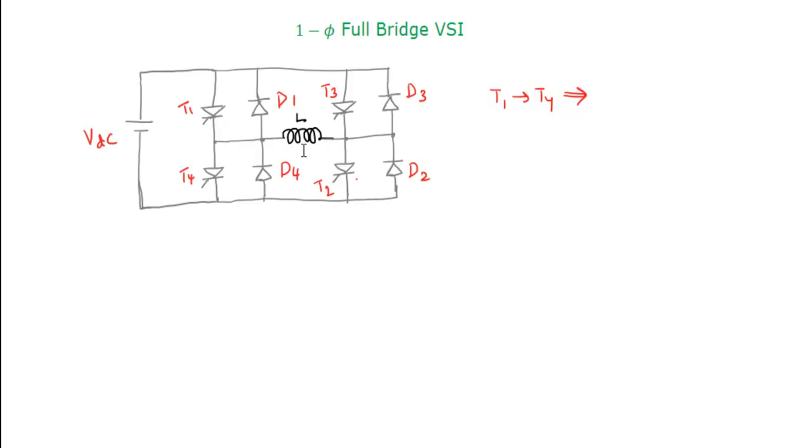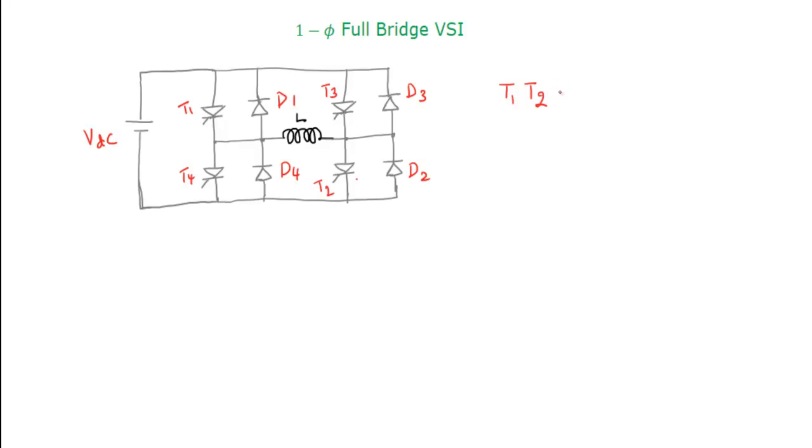That means the conduction angle of each and every thyristor and each and every diode will be the same, and average power flow will be 0. When the respective thyristors are in conduction, T1, T2 are in conduction for the positive half cycle and positive current.